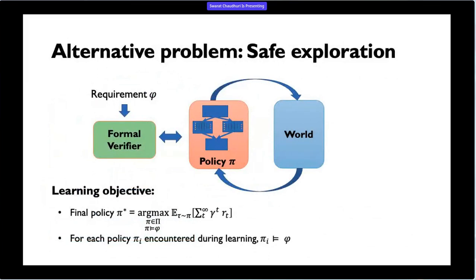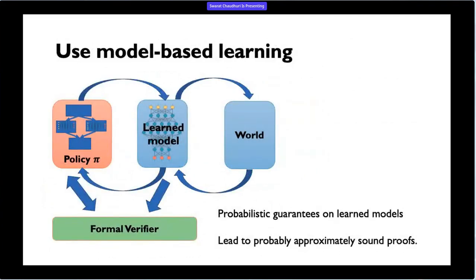So there is another version of this problem, which is called safe exploration. And there, what you are trying to make sure is not just that the final function that you learn, the final policy that you learn, is safe, but that safety happens at every point of time. So just to go back to the previous thing though, here, what you're doing is getting this signal from the formal verifier and feeding it into the learned model, and this is biasing the search over parameters of this learned model towards functions that are provably safe.